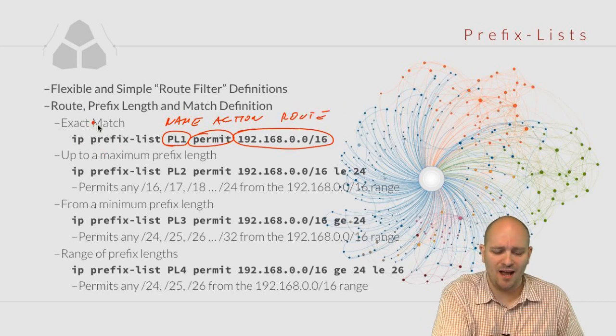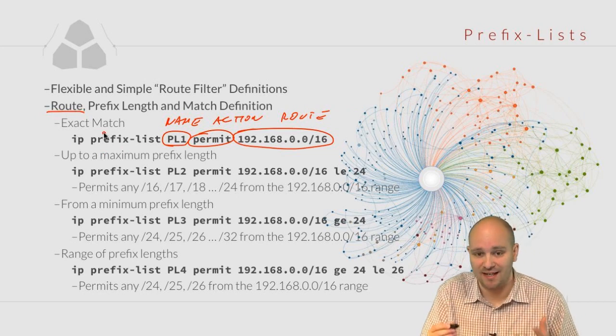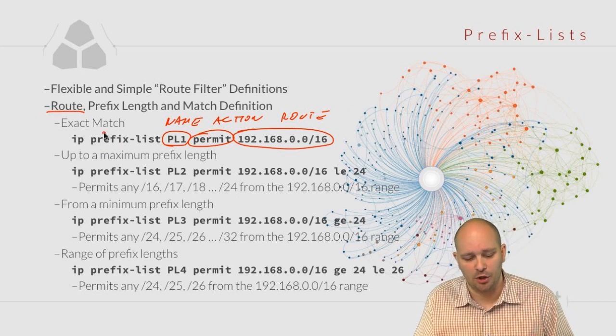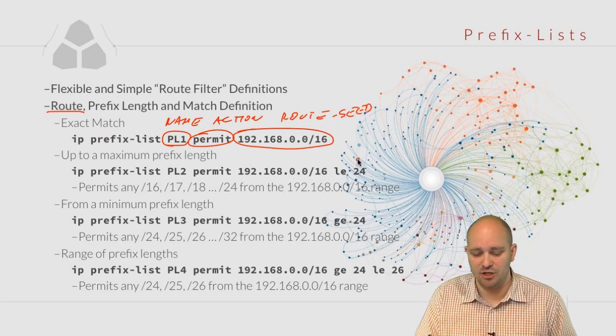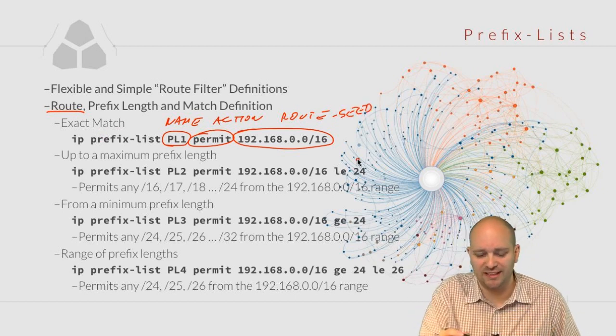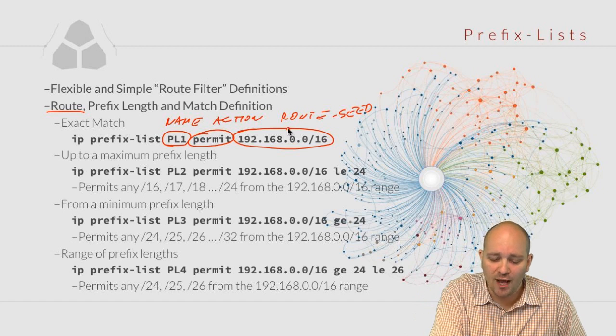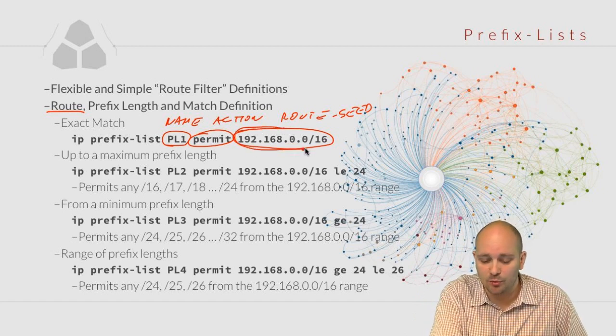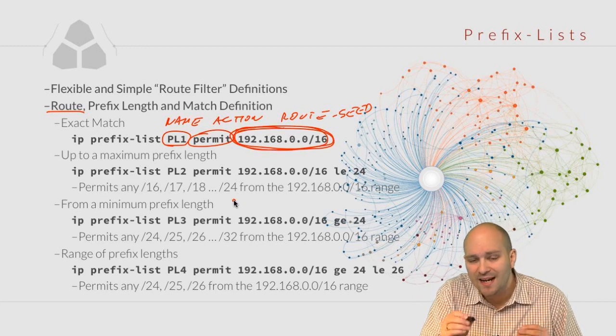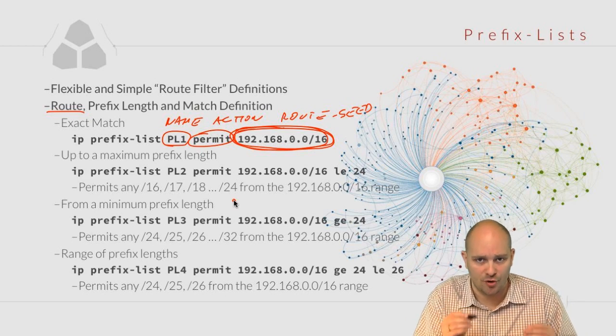What I mean by route definition, and what I meant when I was talking about this part here, is more like a route seed definition. Now, what do I mean by route seed? This simply means that the routes that are going to be matched against this particular rule need to come from this range of routes.